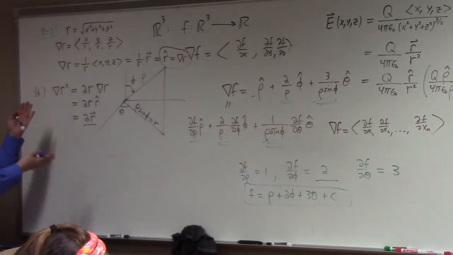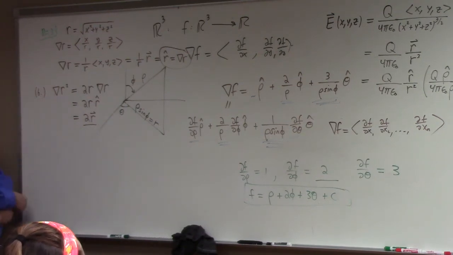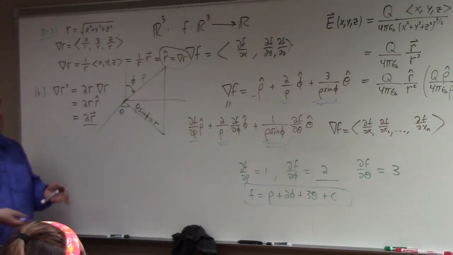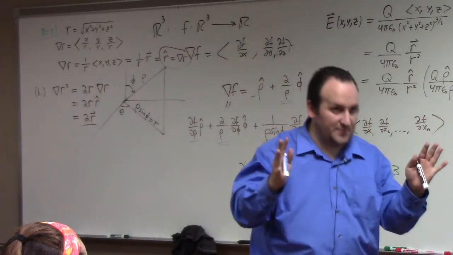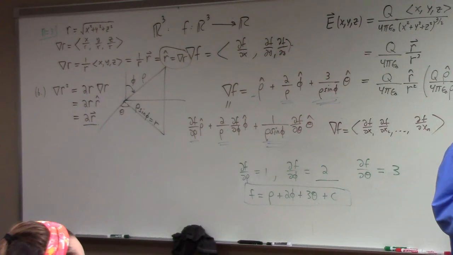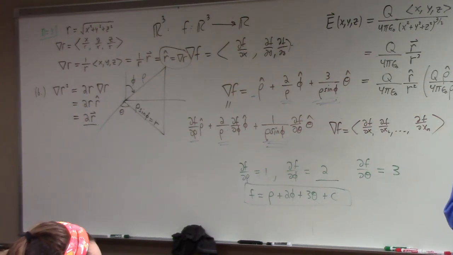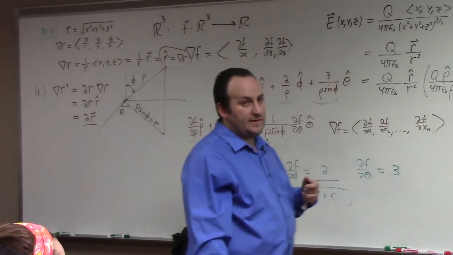Do you understand the hint now? The point is, if you think through the hint, for part B, if the hint is just not clicking for you, you could just write down r squared and calculate the gradient directly. It's fine. But if you do so, please try to simplify your answer so that you see what it truly is, which is twice the radius vector, right?